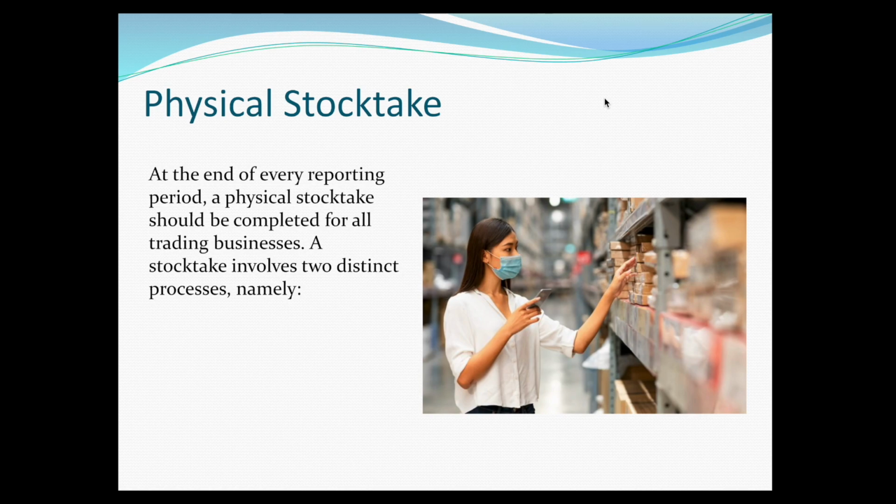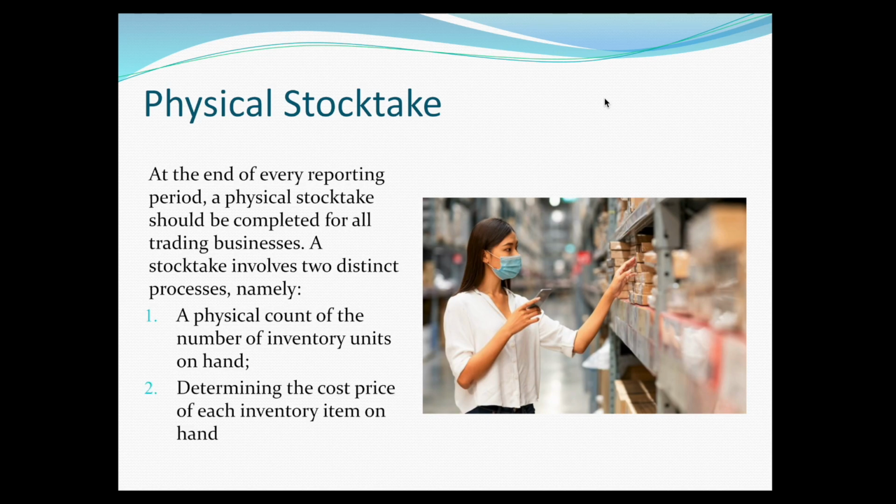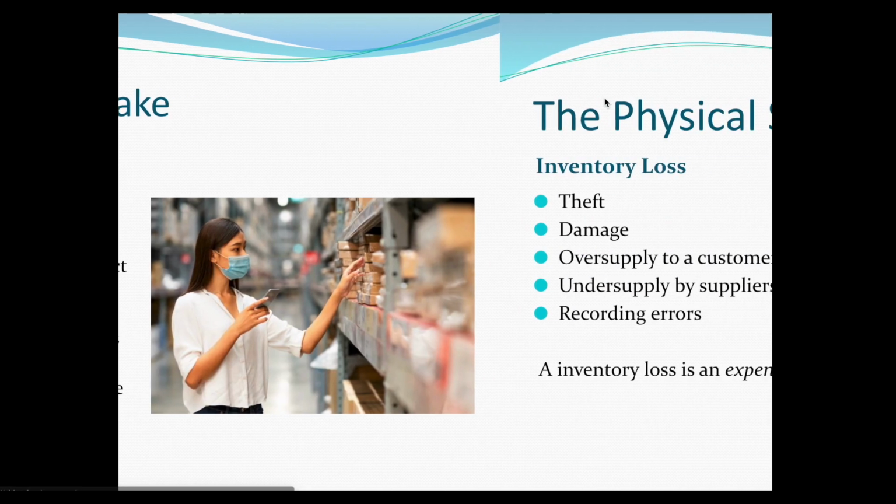Remember these two pieces of information. First is a physical count of the number of inventory units on hand. Like we said, how much of each product is there on each shelf of a business, for Coles, for instance. Second, determining the cost price of each inventory item on hand. So let's move on.